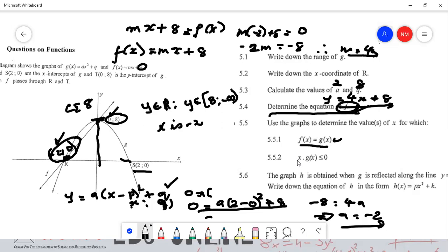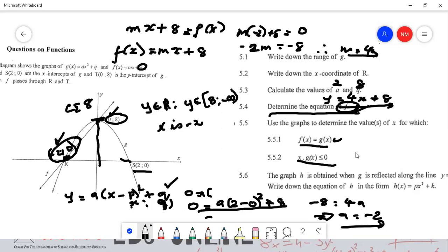Now, use the graphs to determine the values of x for which x times g of x is less than or equal to 0, right?